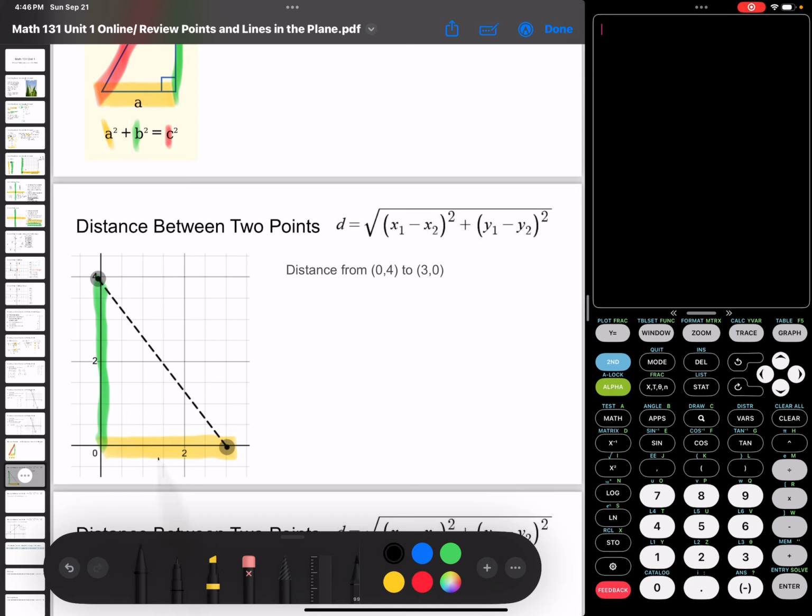This is 3 in the horizontal distance and this is 4 in the vertical distance. So the Pythagorean theorem tells us whatever this c is here, c squared is going to be 3 squared plus 4 squared. So c squared is going to be 9 plus 16. c squared is going to be 25. c is going to be 5.